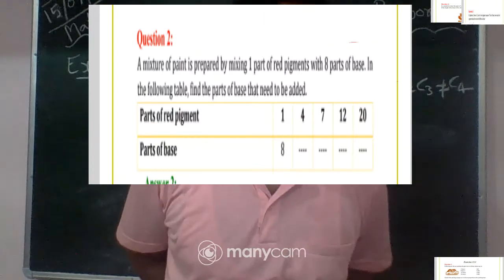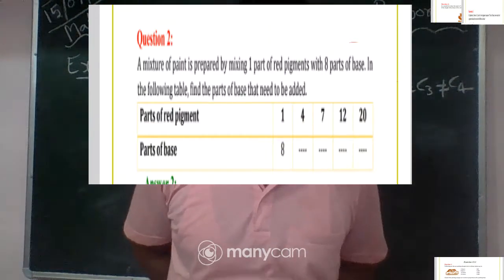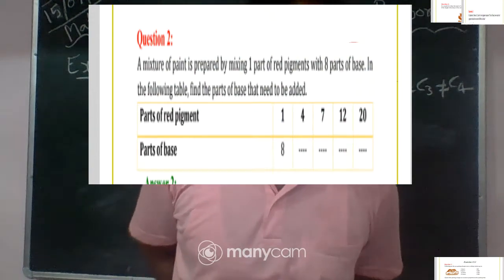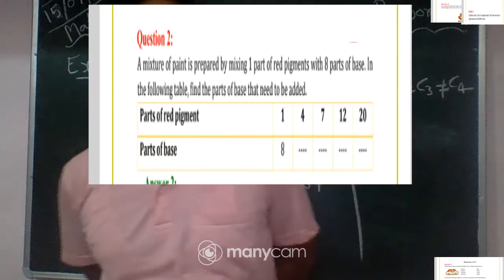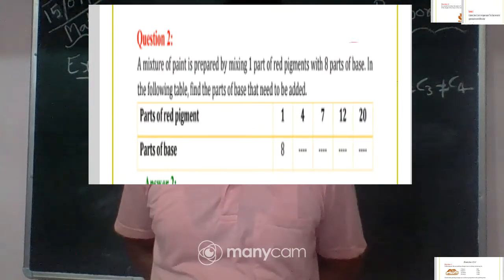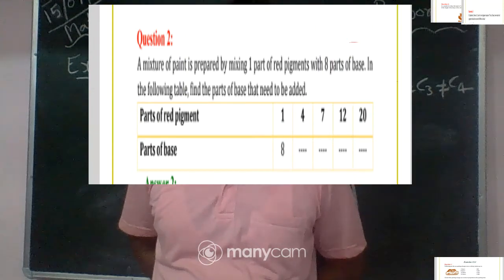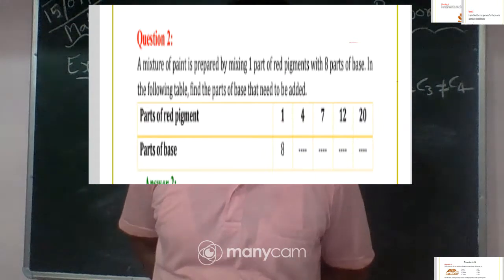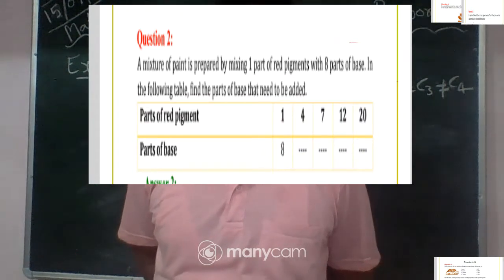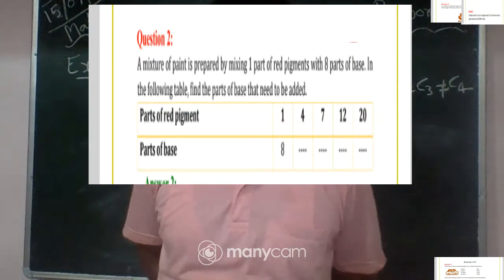In the following table, find the parts of base that need to be added. Okay, so part of red pigment 1, part of base 8, and part of red pigment is 4, 7, 12, and 20. So we need to find the part of base for 4 red pigment, for 7 red pigment, for 12 red pigment, and 20 red pigment.